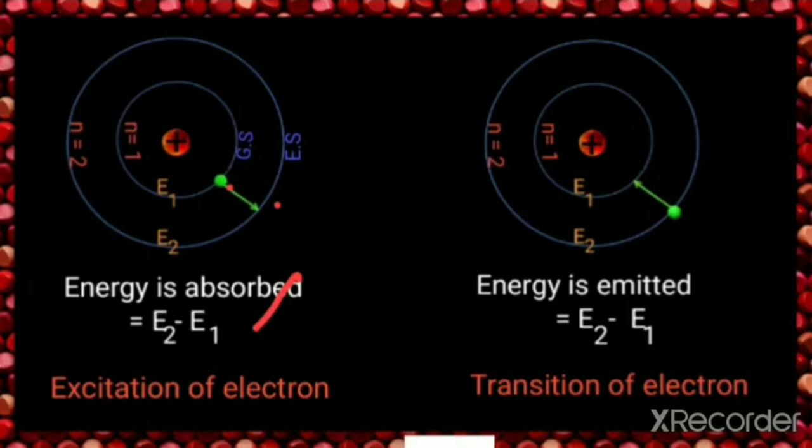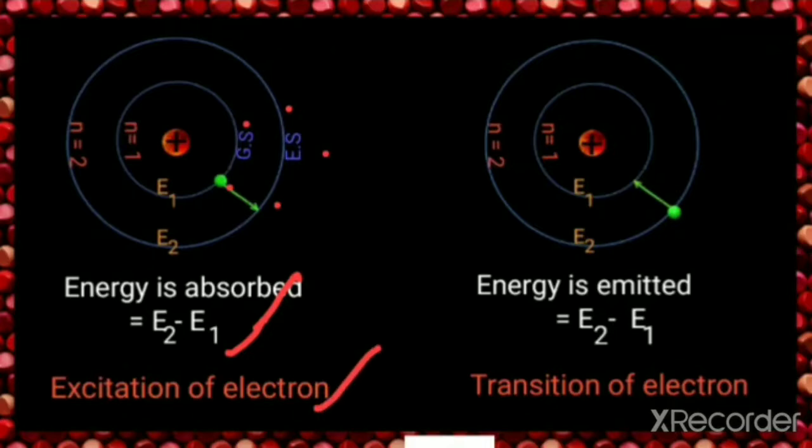The higher energy state of the electron is called the excited state. When the electron jumps from the ground state to the excited state, that is from the first energy level to the second energy level, it always happens only by absorbing a certain amount of energy, which can be calculated from the formula E2 minus E1, that is the energy of the higher state minus the energy of the lower state.